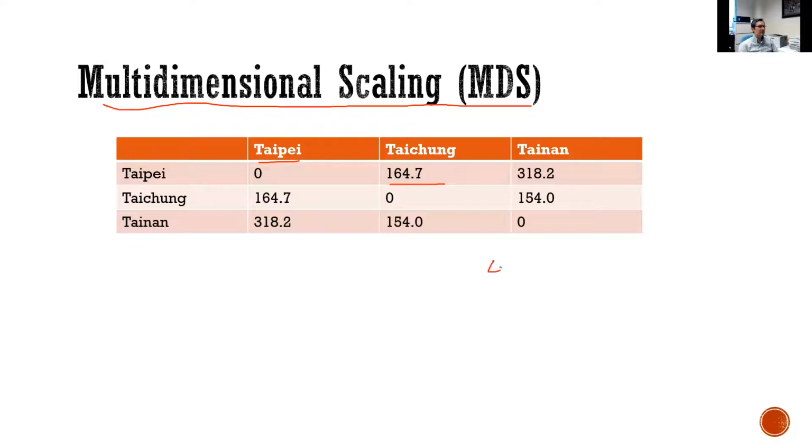So in this case, we can probably easily plot the distance between these two cities. And then we also know from Tainan to Taichung is 154. So this is 164, and then from here to Tainan.